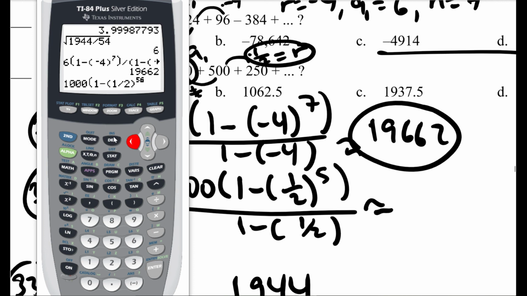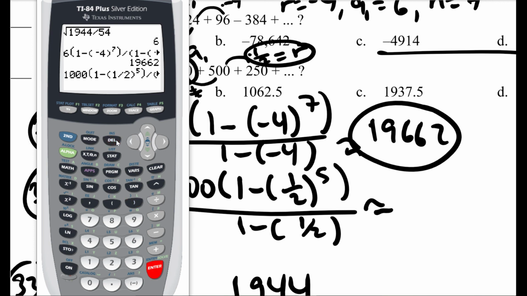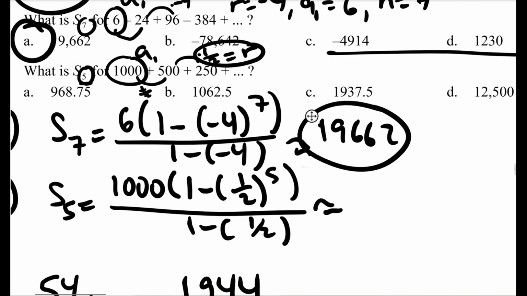Make sure you put the denominator in parentheses. All right, we get 1937.5. So it looks like it's C.